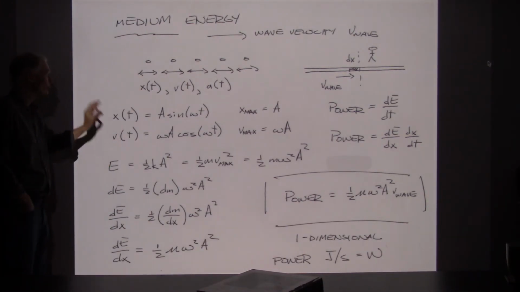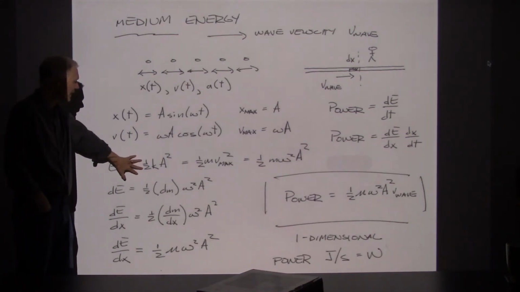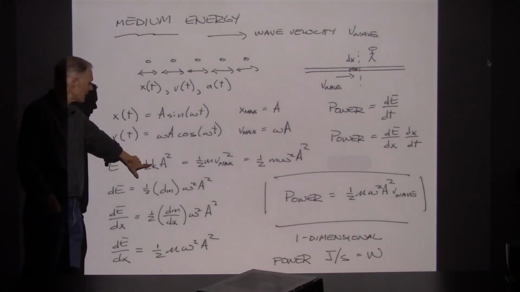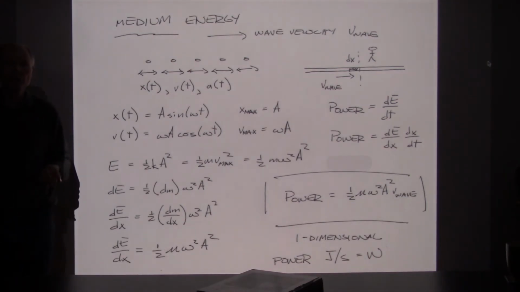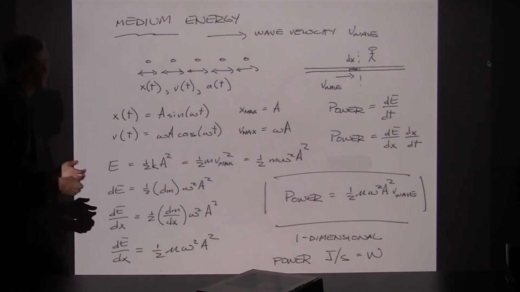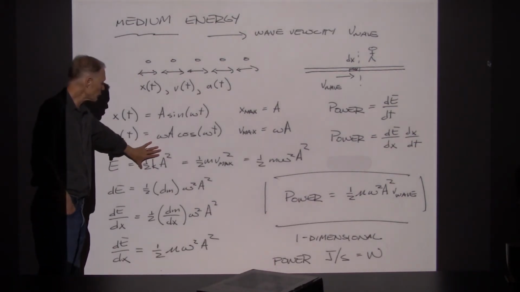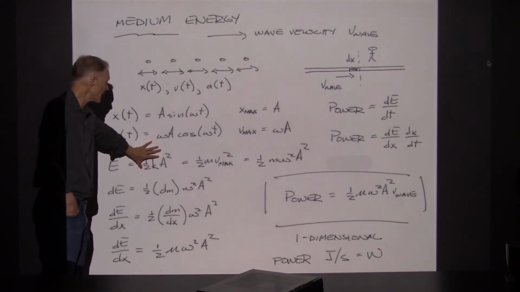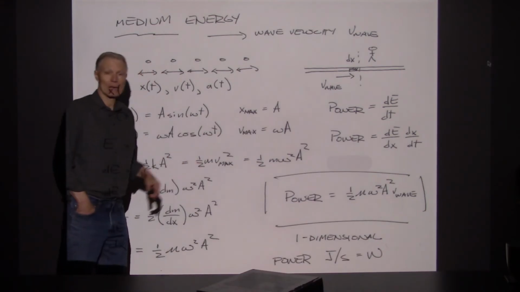Now, the energy for an individual part of the medium would be given by 1/2 kA squared. Now, again, when we're doing wave propagation, the definition of little k is a little vague as to how we should represent that. So instead of thinking in terms of potential energy of the amplitude, let's think in terms of kinetic energy.